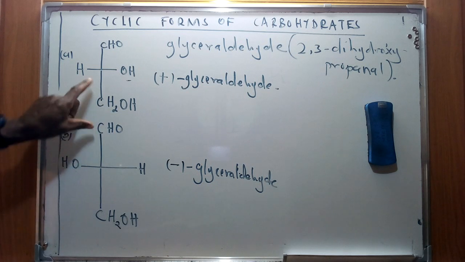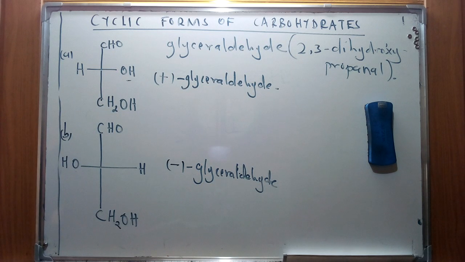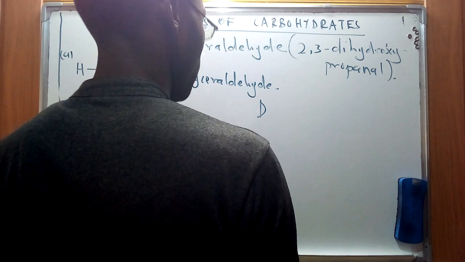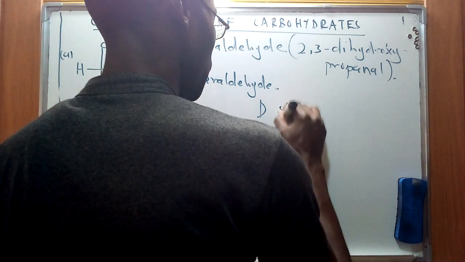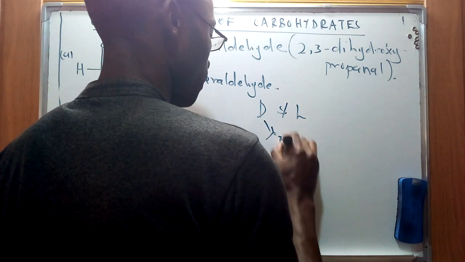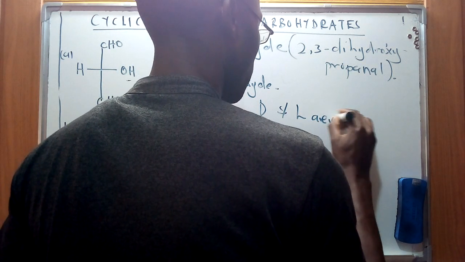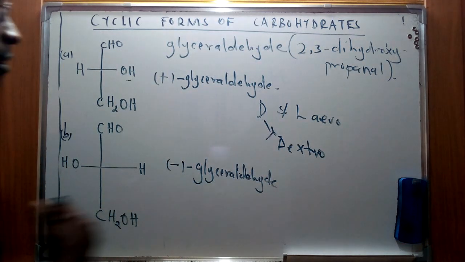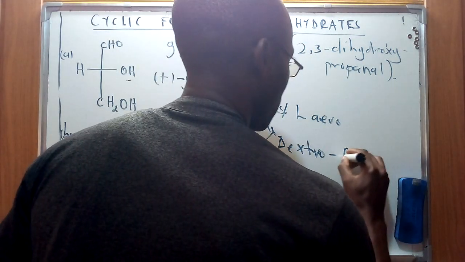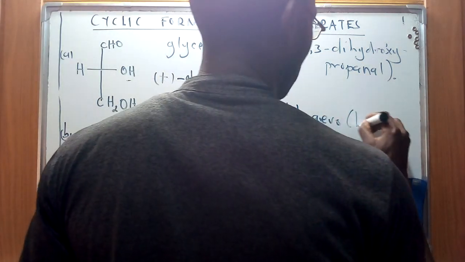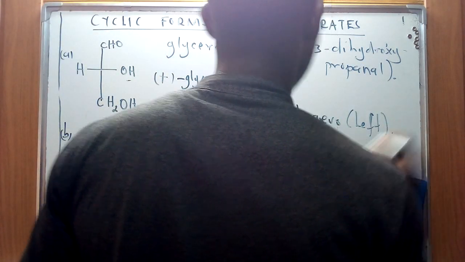Now these two stereoisomers can further be given a unique configuration of D and L. This one stands for dextro, and this is for levo, which implies that this is an orientation for the right position of the OH group, and this is the orientation for the left position of those OH groups.